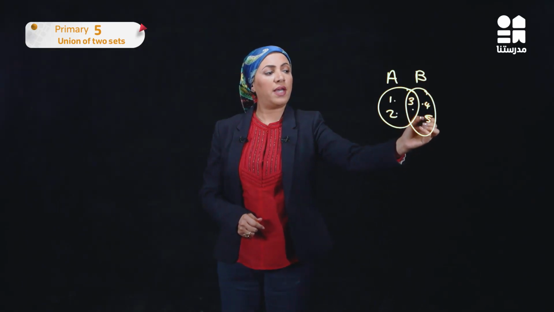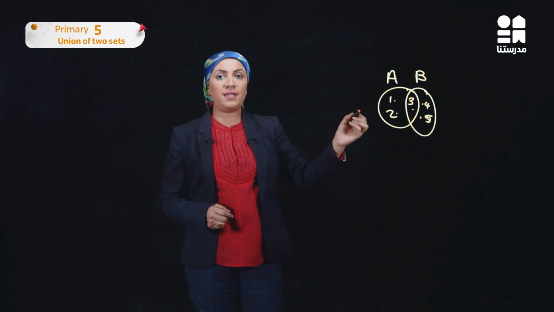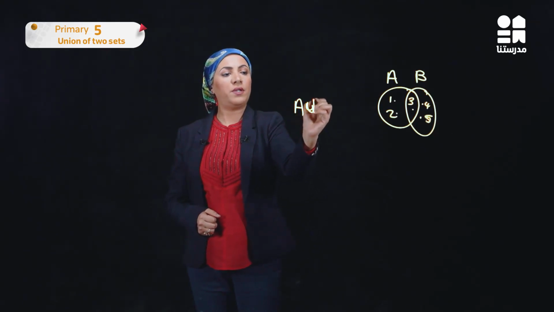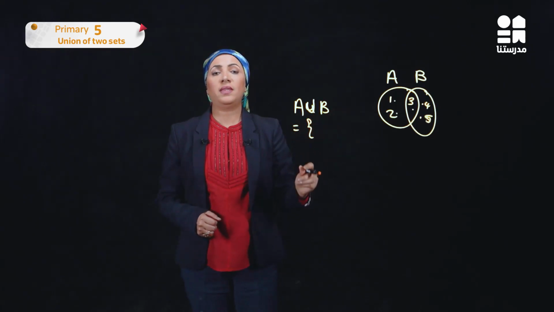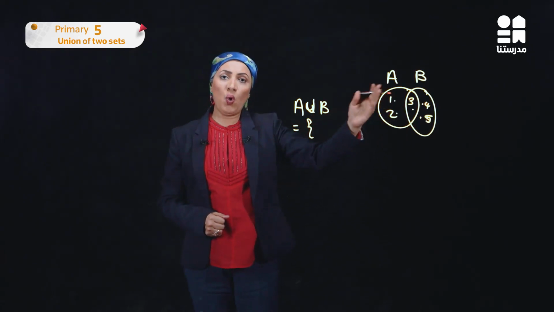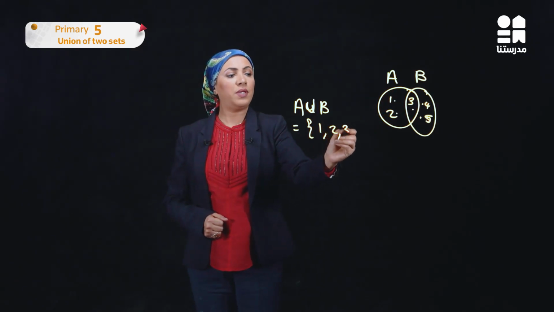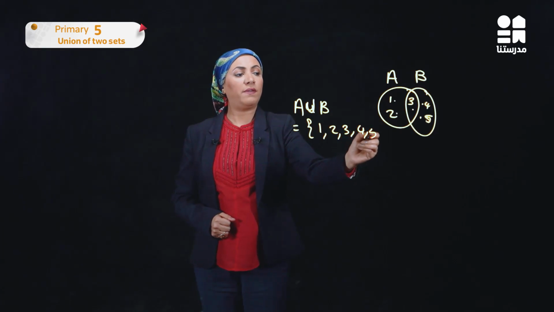And I want you to get me the union of set A and B. So A union B equals what? Then it will be equal to all the elements that I have, which are 1, 2, 3, 4, and 5.